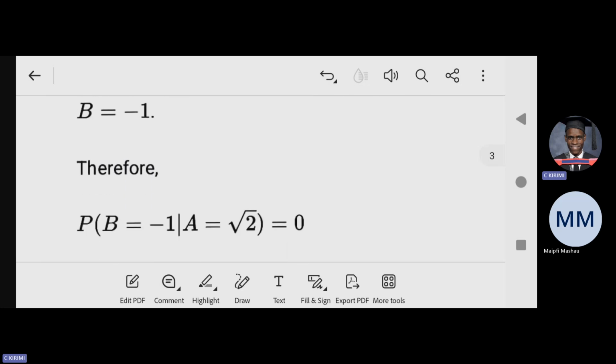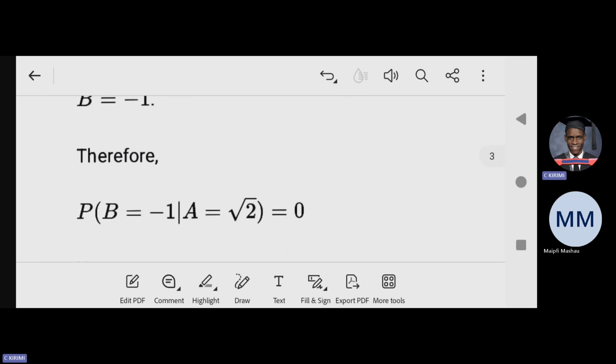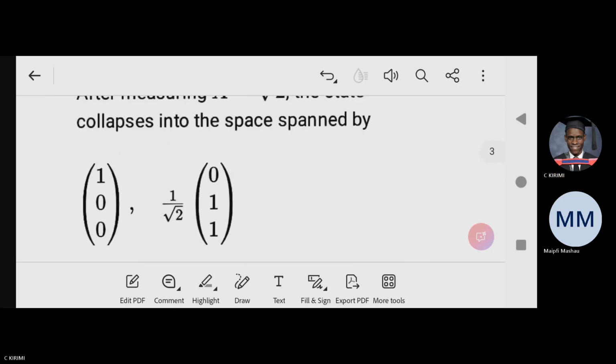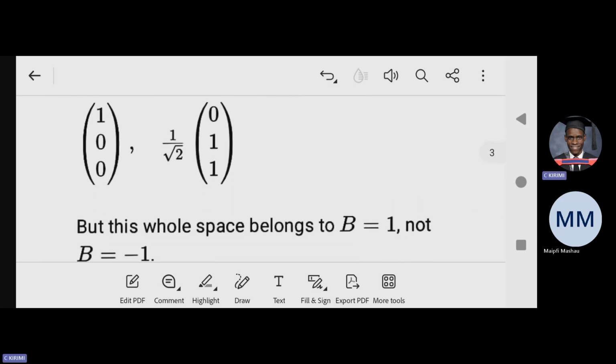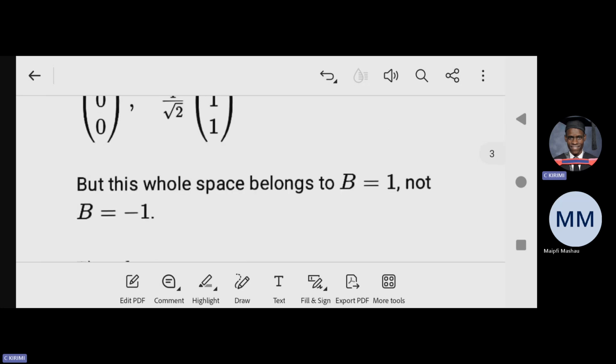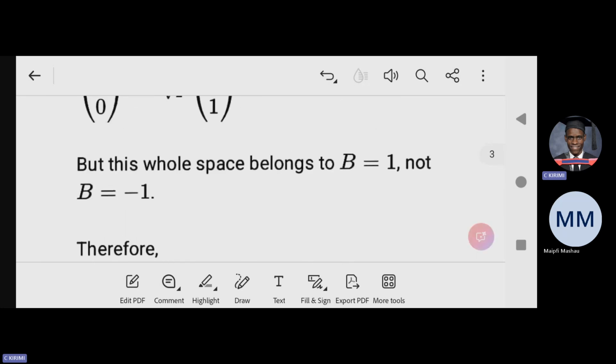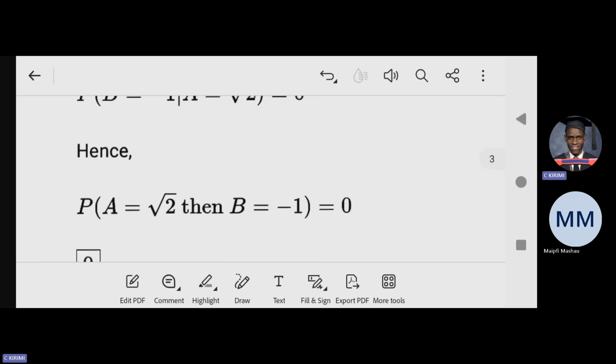Since we don't have B negative 1, we have only the space spanned that belongs to B equals 1. So if you don't have anything, the probability is 0, because we don't have any space which has been spanned which belongs to B negative.